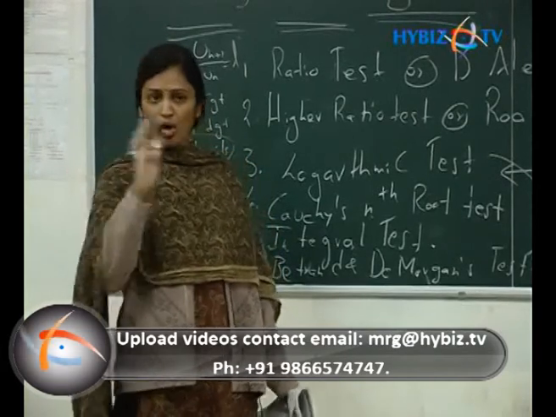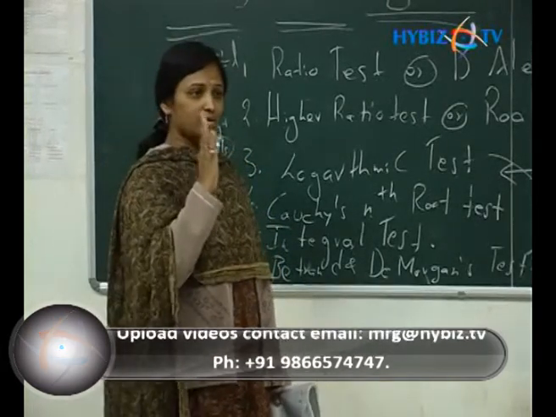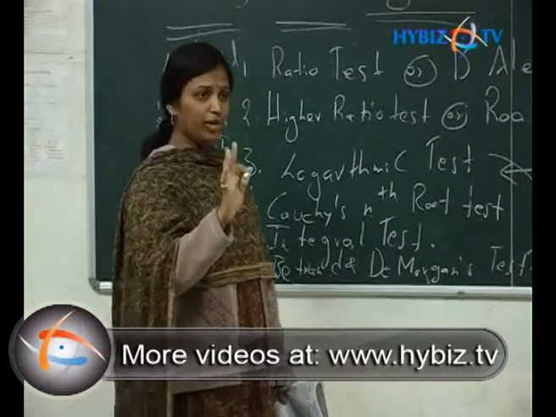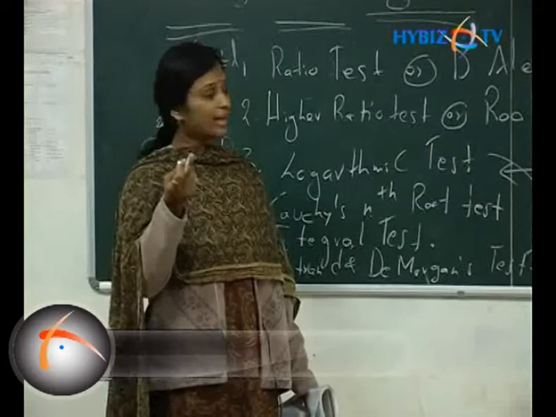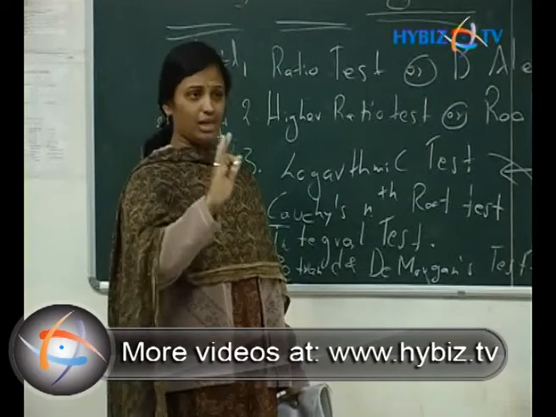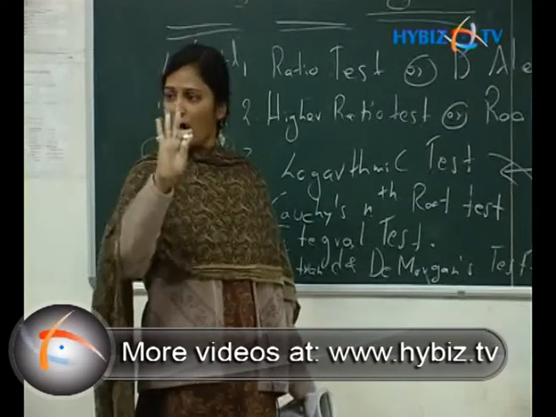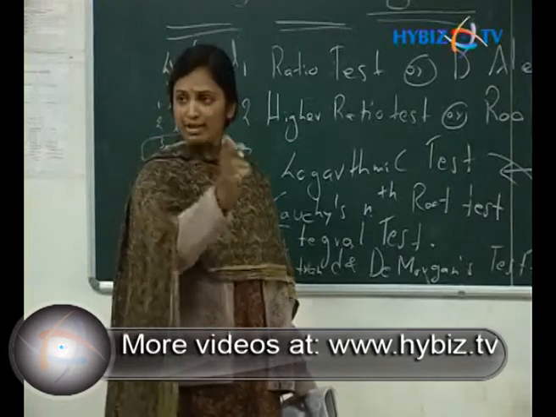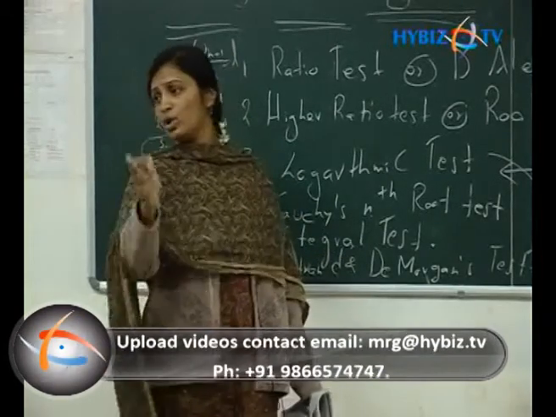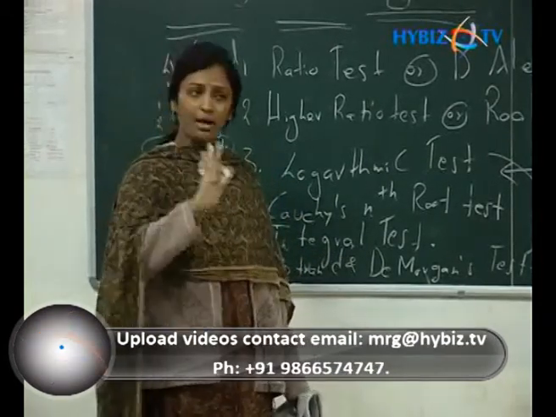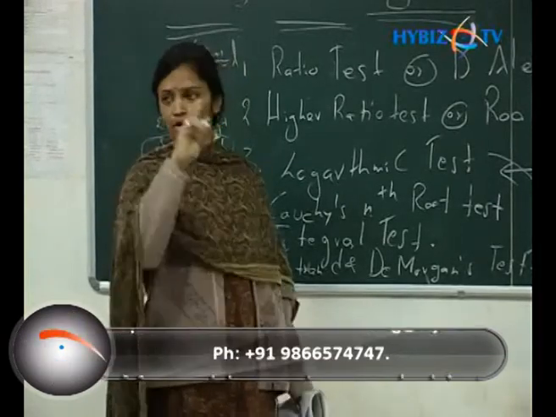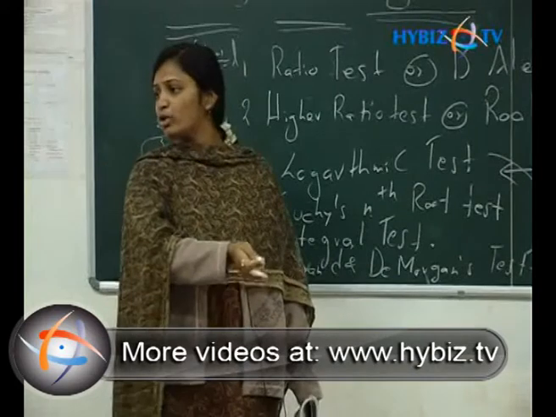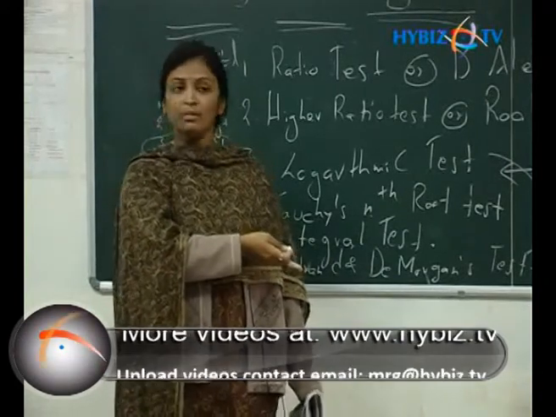Understood that? So how many cases did you get now? 3 cases. The first case, L equals 1, means you jump to the second test. The second case, L equals xe or 1 by xe or 1, means you go for the logarithmic test, then the last Bertrand test. Or if you get L equals x or 1 by x, you go directly, without going to the logarithmic test, for the Bertrand test.